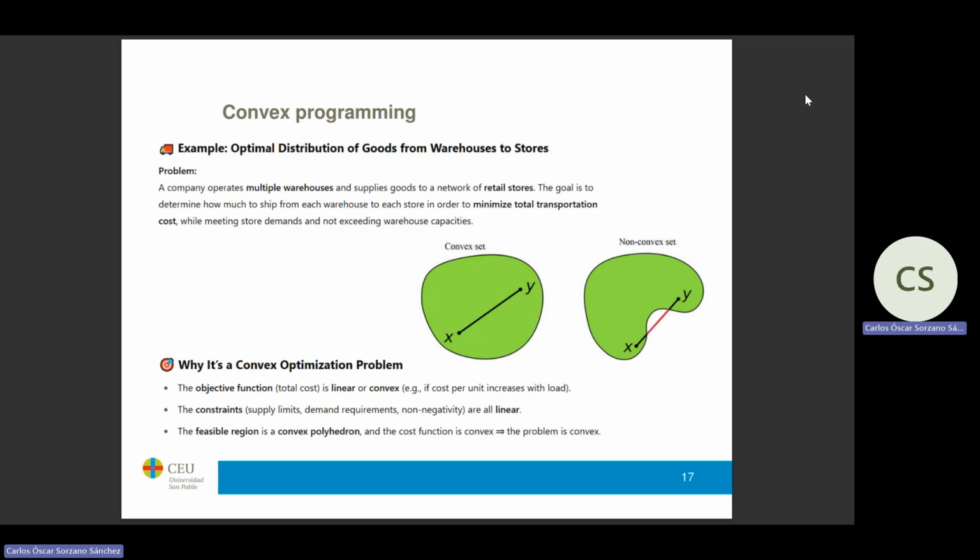And the constraints are also linear, so they are also convex constraints. If the constraints are linear, the feasible region is a convex polyhedron.